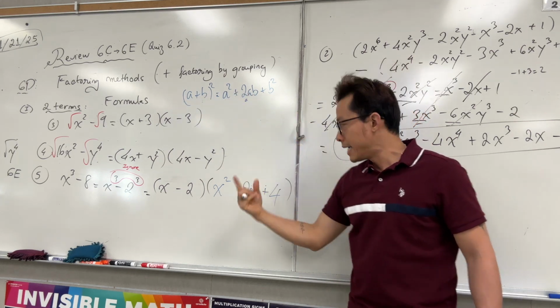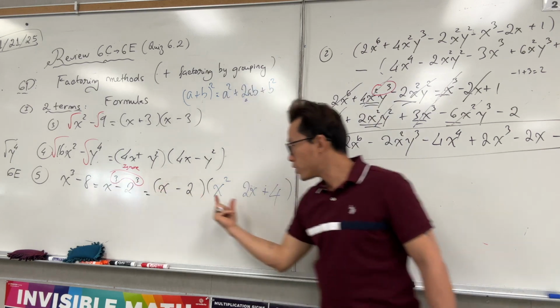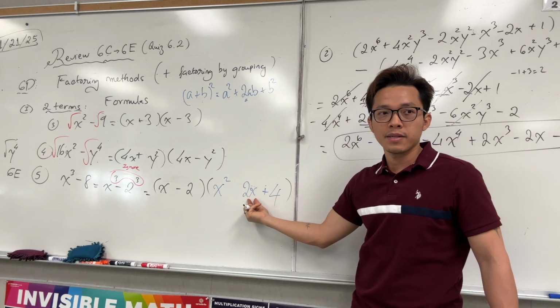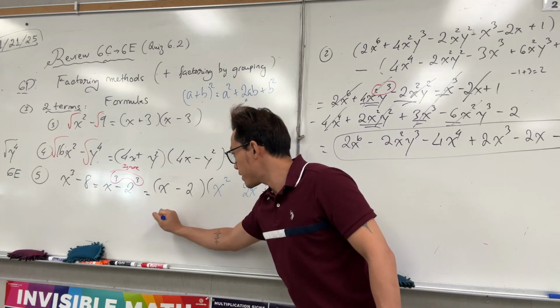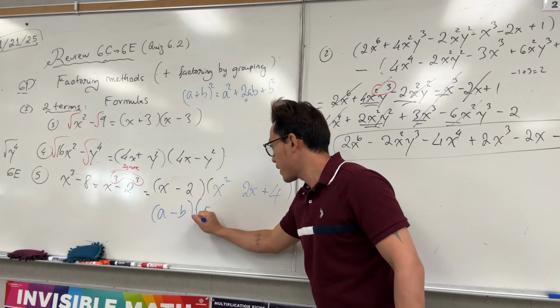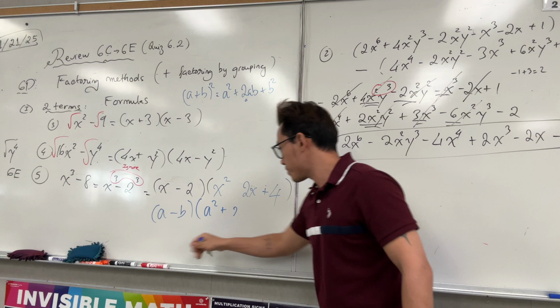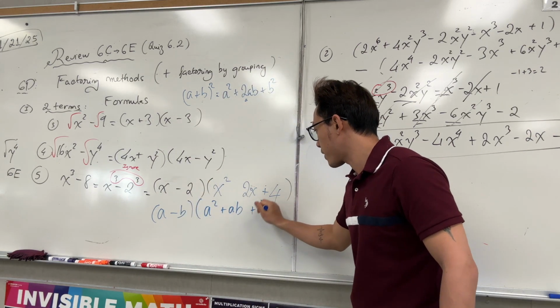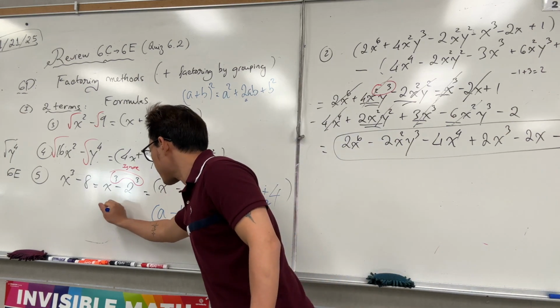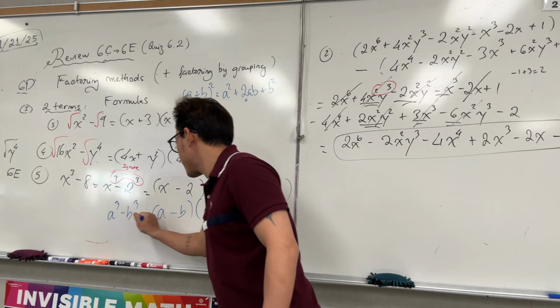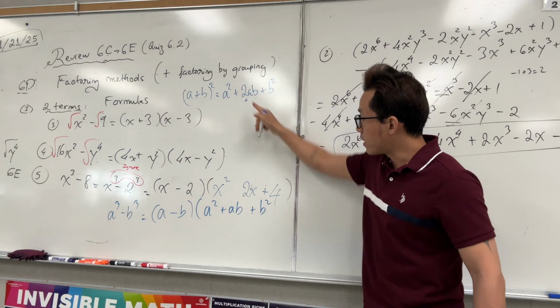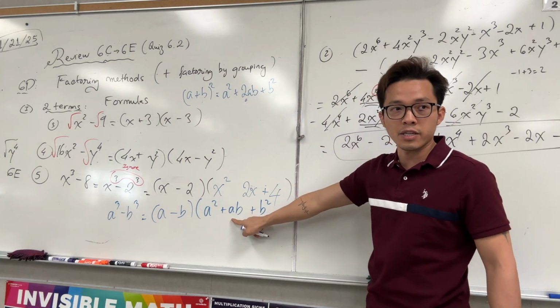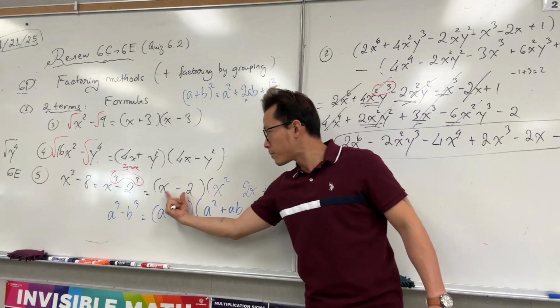In this cube formula, you don't times 2. So the formula is: a minus b, times a squared plus ab plus b squared. It comes from the formula a cubed minus b cubed. You see the difference? This one is times 2. This one, you don't need to times 2. So multiply them together.